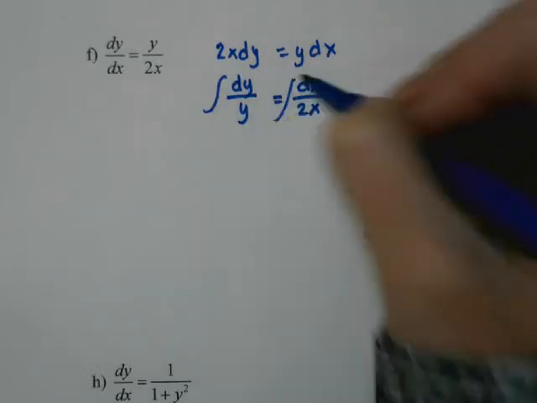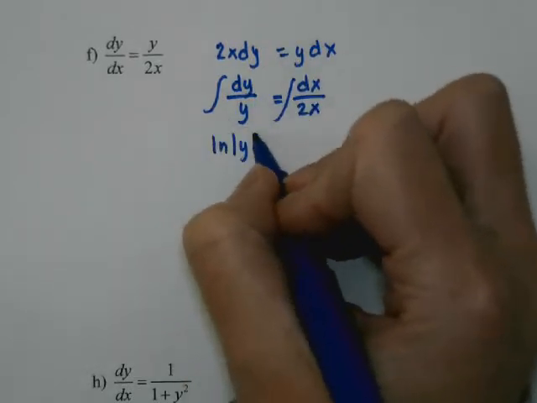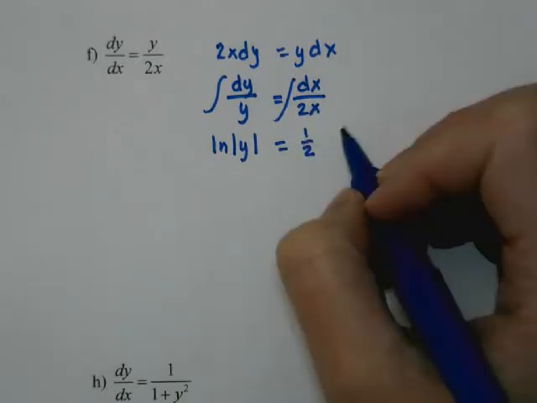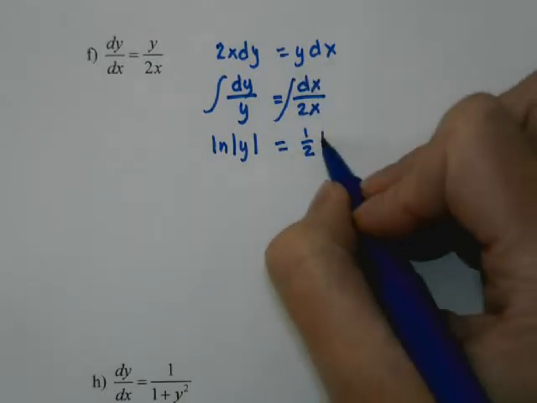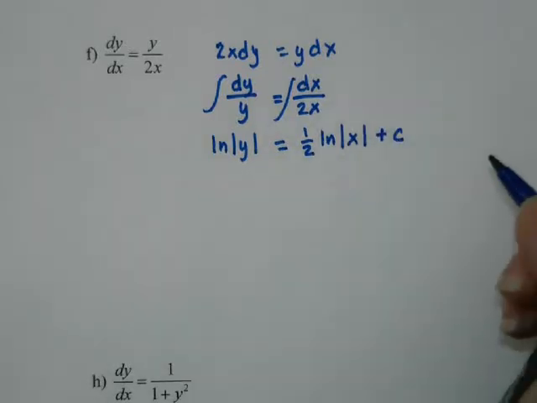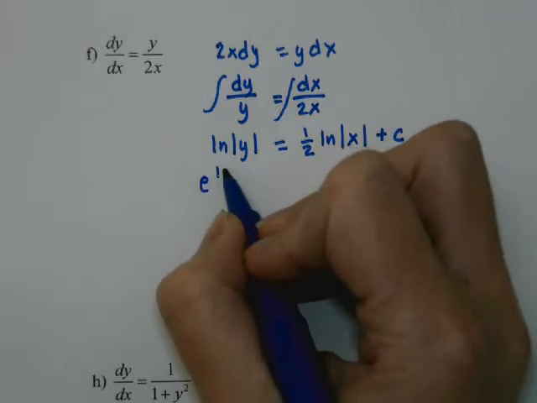So we'll integrate this. The integral of 1 over y is the natural log of y. This one's going to be 1/2, if I pull out the 1 over 2, times the natural log of x plus our constant. So I'm going to raise both sides to the e.